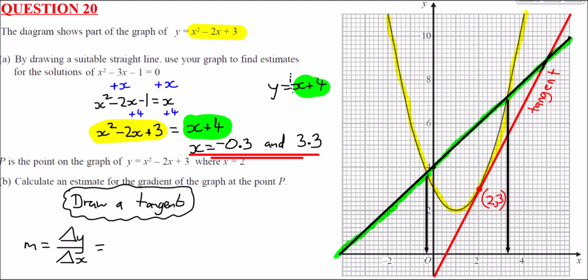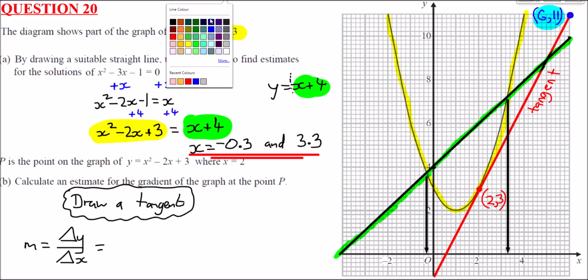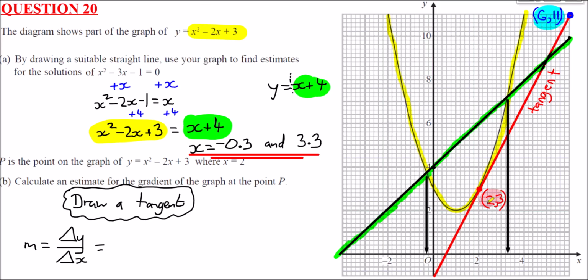I can take another point of my choosing. I'm going to pick this top right one here. That point is 6 along, and if that's 10, that must be 11. So it's 6 along and 11 up.